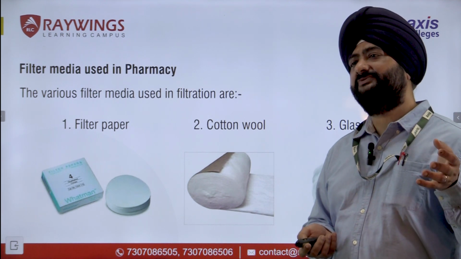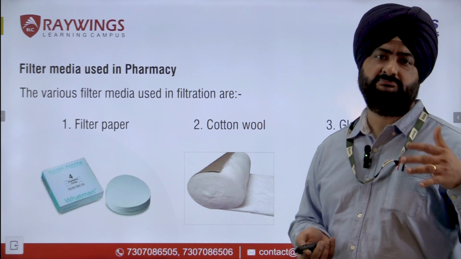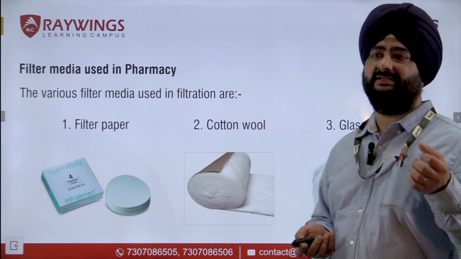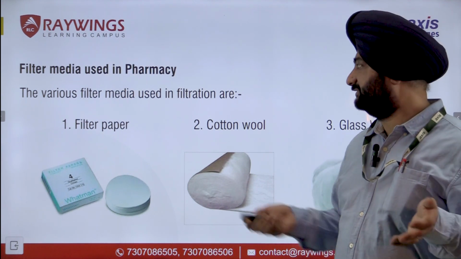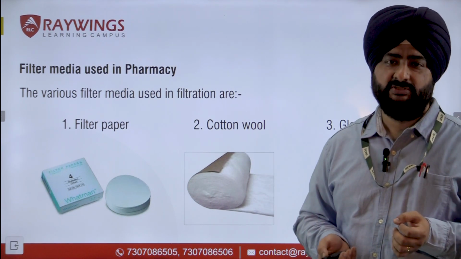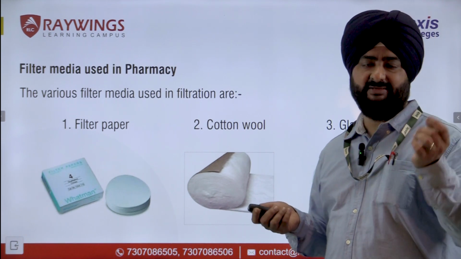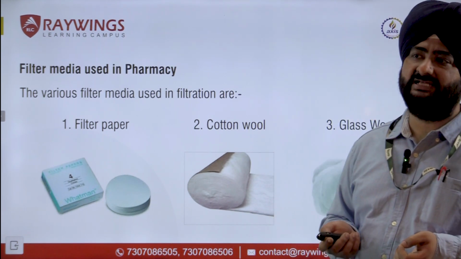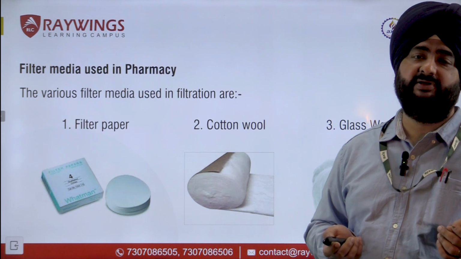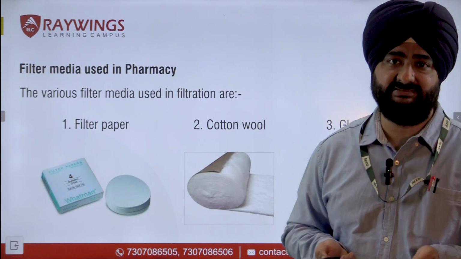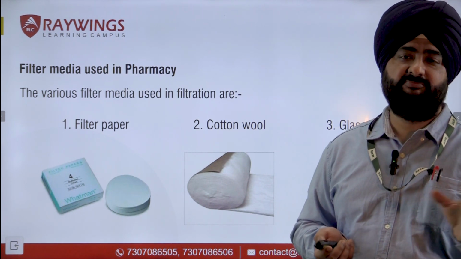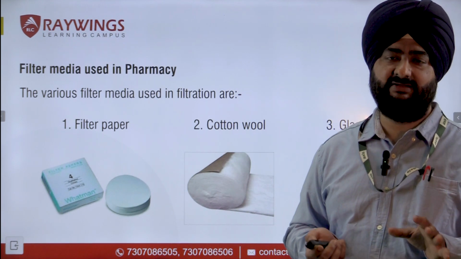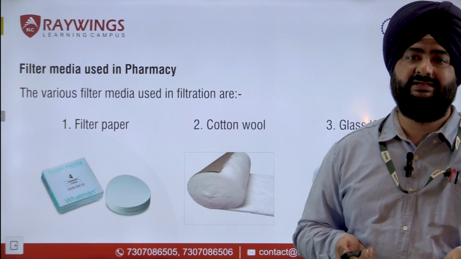Because some slurries are acidic or very alkaline in nature, and they may disrupt our filter media. So we use glass fibers, because the melting point of glass fibers is around 1500 degrees Celsius. So any corrosive material cannot harm our filter media made of glass wool.